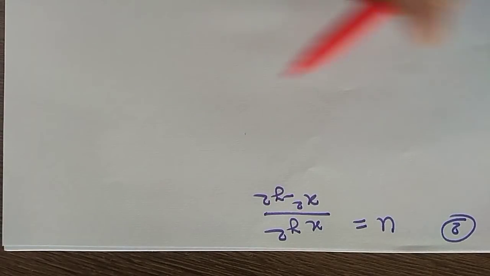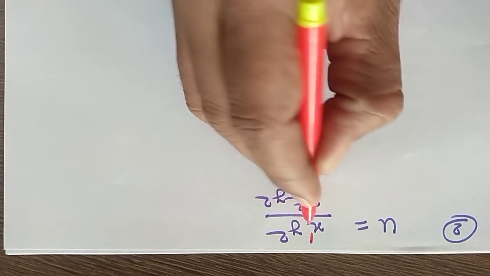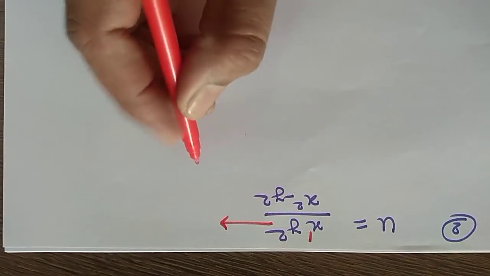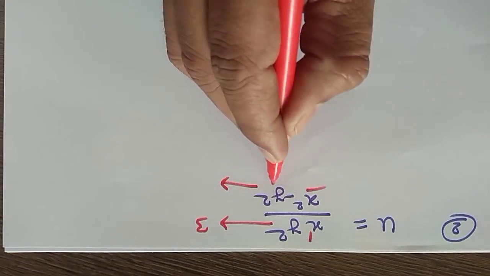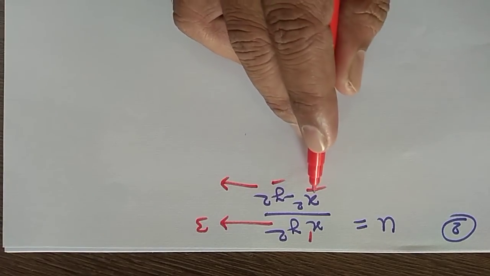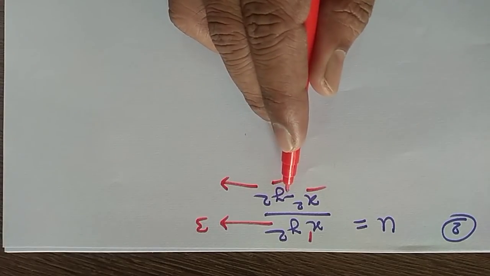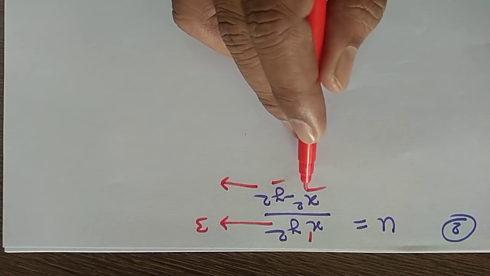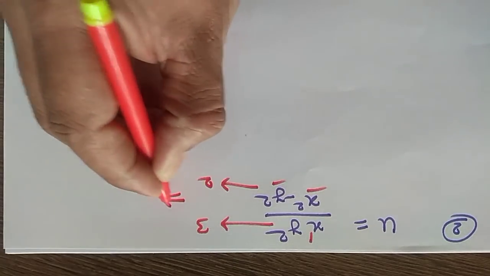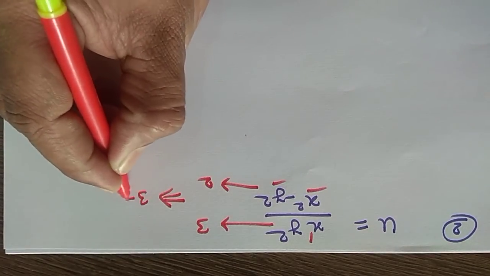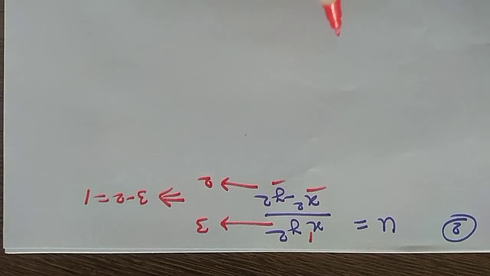Here I will find the degree of the numerator: x raised to power 1 and y square, total degree of numerator is 3. And the denominator, x square minus y square, contains the same power terms. Therefore this denominator is homogeneous of degree 2. That means the total degree of this function is 3 minus 2 is equal to 1.